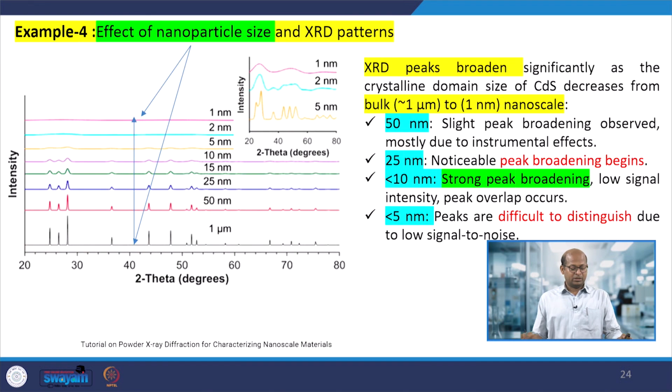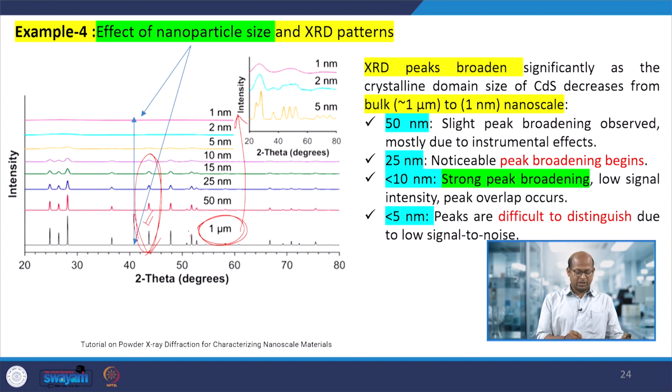Okay. So another example is nanoparticles. Initially, let's say the material we have prepared may be of larger, bulk size, that is 1 micron. If we change the material from the micron to the nanometer range, you can see that when the material had a larger crystallite size, this particular peak was more intense.